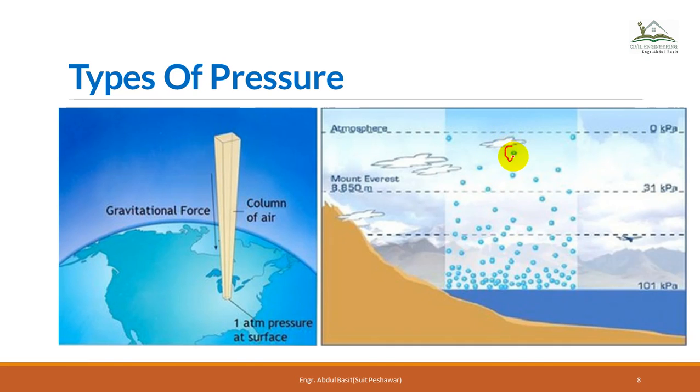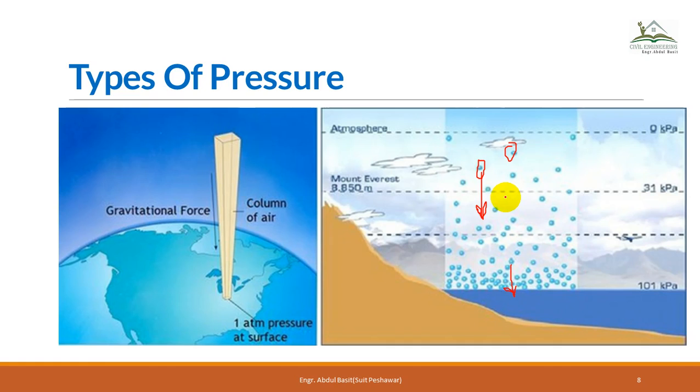Due to that weight and gravity, they tend to come down and converge at some area near the surface of the ground, and that will exert some pressure on the surface of the ground, or the ground level.